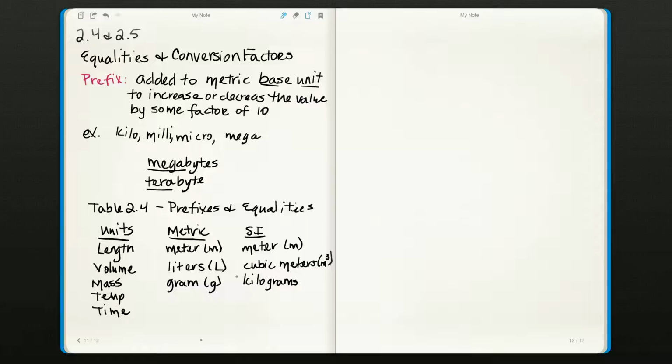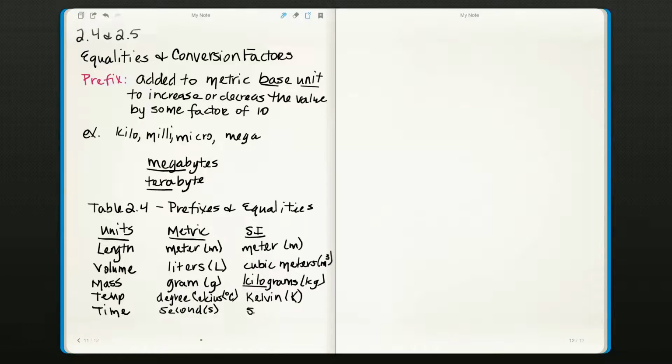Okay, so now this is where your prefix symbol comes into play. So it's a lowercase k, g. Temperature is degrees Celsius for metric, symbol degrees C. And the SI unit is Kelvin, which is a capital K. Time, seconds, lowercase s.